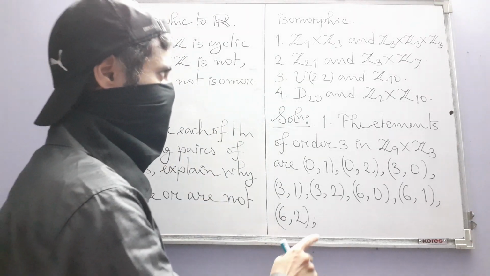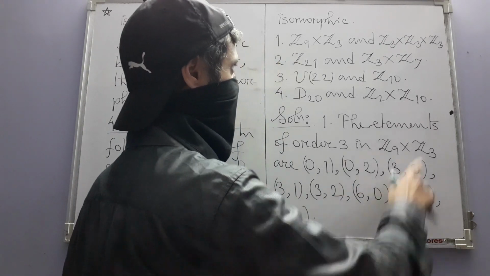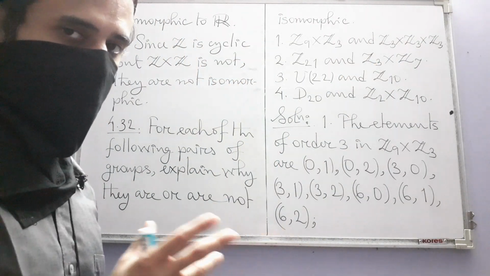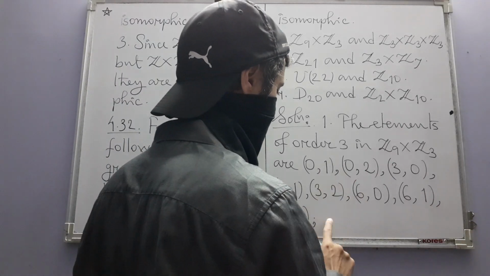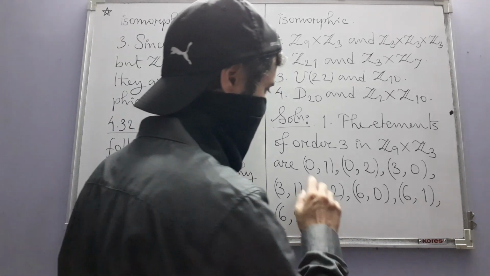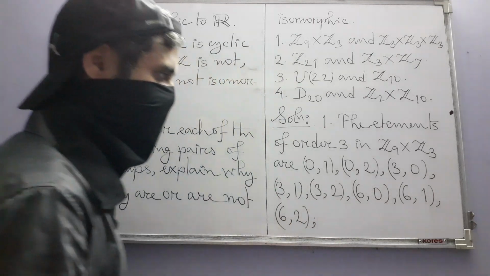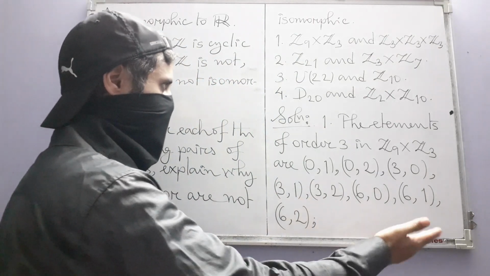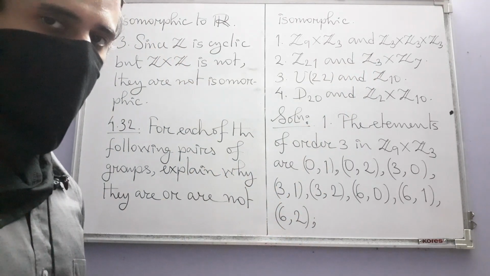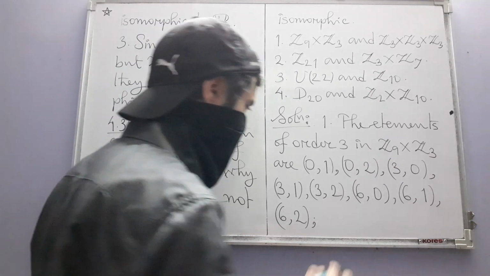That is, we are not going to find or write all the elements of order 3 in the second group, but we will just stop our search for such elements in the second group when we exceed the number that we see here. How many are here? 1, 2, 3, 4, 5, 6, 7, 8. Okay, so if we exceed 8 elements in the second group, all of which have order 3, then we stop, because then the numbers cannot possibly be the same.